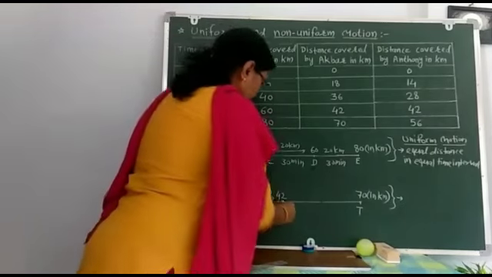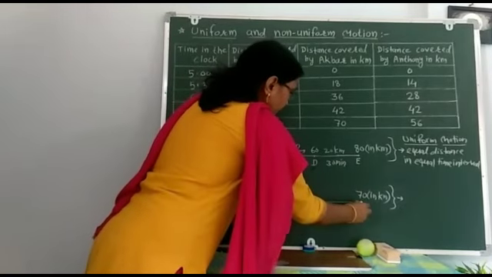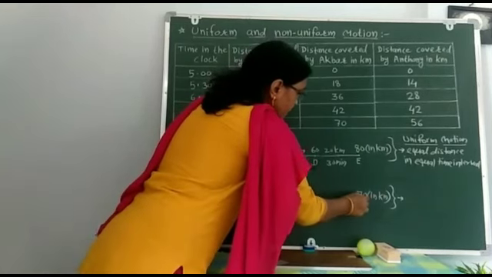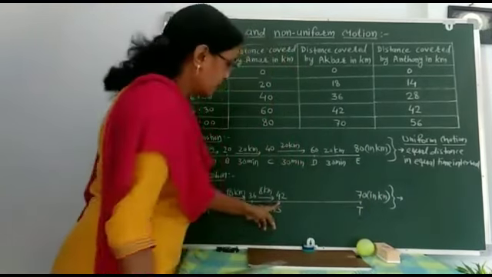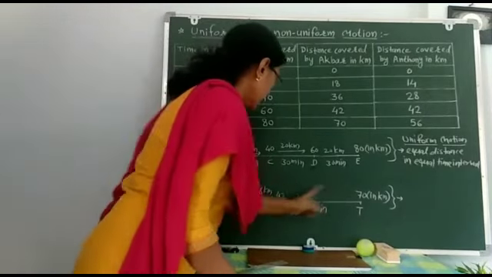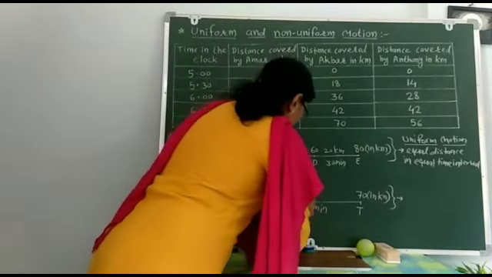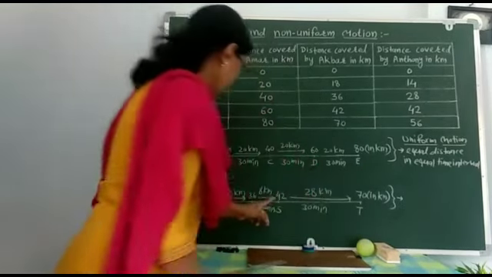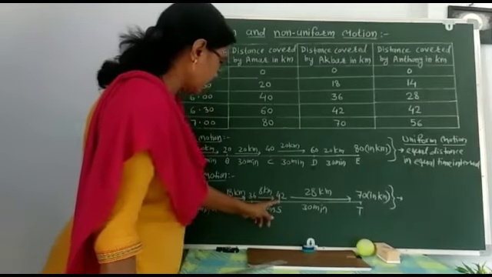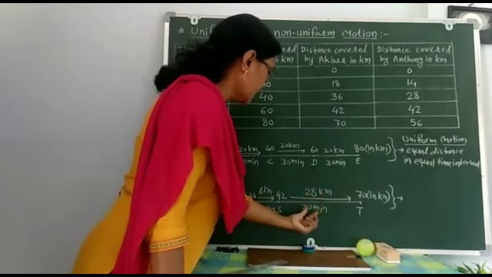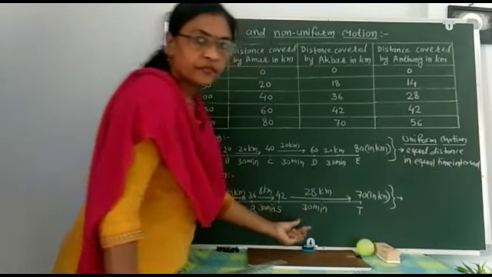Now he goes from S to T, and at point T the distance covered is 70 kilometers. So 70 minus 42 will be 28 kilometers. So Akbar covers from S to T 28 kilometers within 30 minutes.